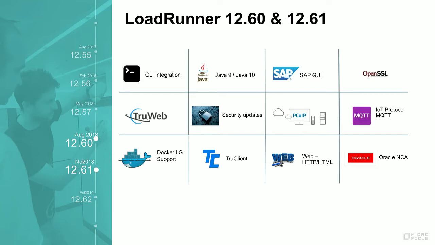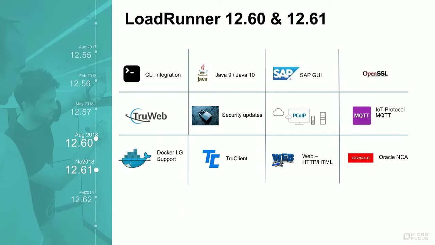This was anywhere from the command line interface integration, our newest protocol, TrueWeb, to the entire LoadRunner family, Docker support, and a plethora of enhancements to our protocols, including True Client, PCUIP, SAP GUI.